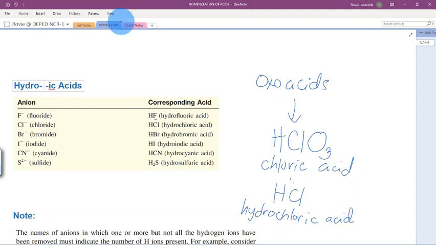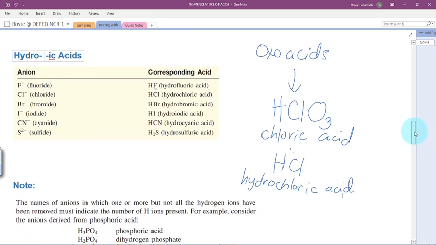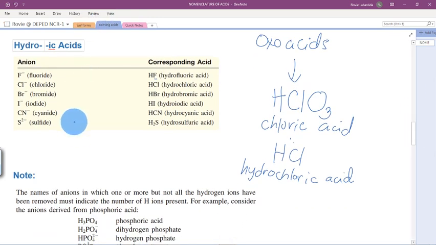So that's how you name acids. Another example is, let's say you have H2SO4. This is sulfuric acid. And if we remove all the oxygen in the formula, it will become H2S.